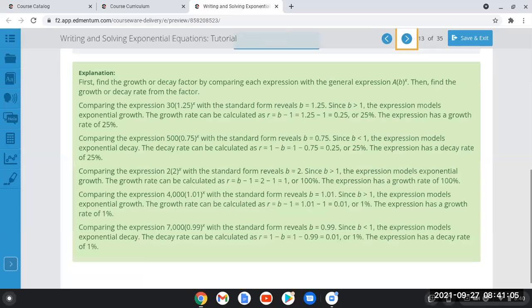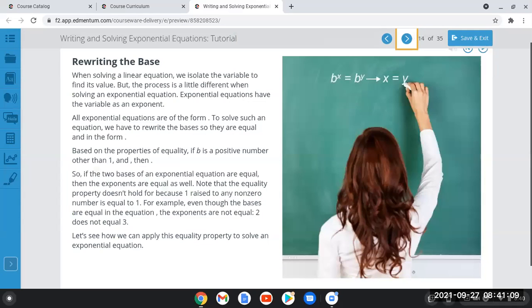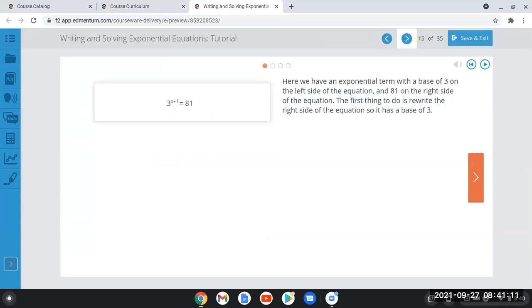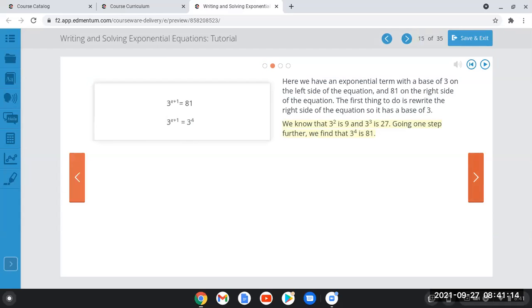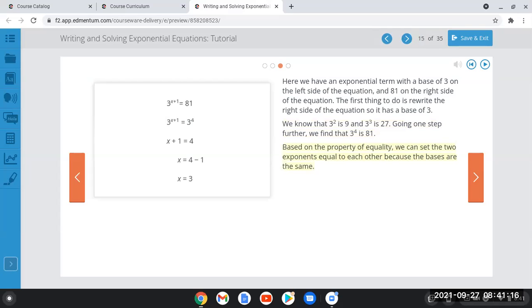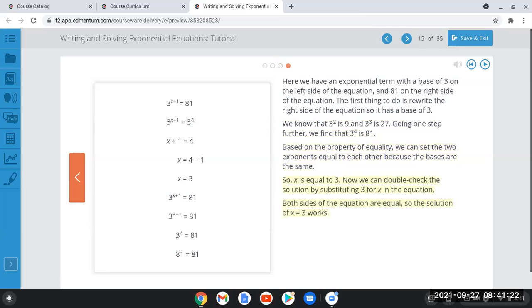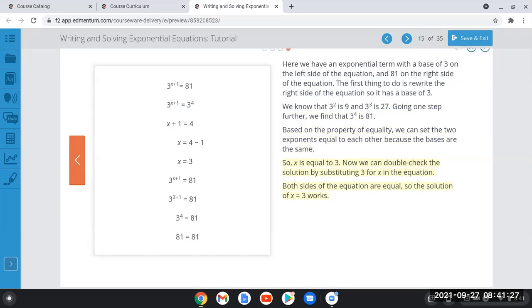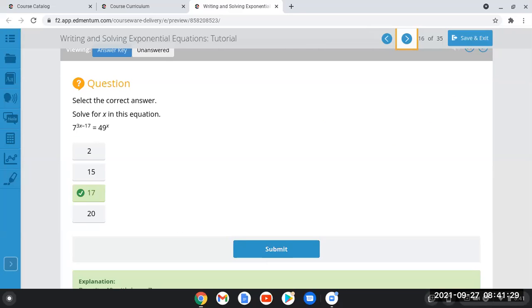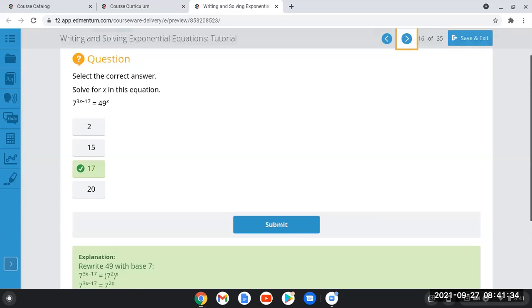Then here's another where you can add some adding problems in the exponents. Here's another basic solving of an equation. We've done this before as well. Let's talk about this question. When we solve this equation, we have 7 to the 3x minus 17 power equals 49x.